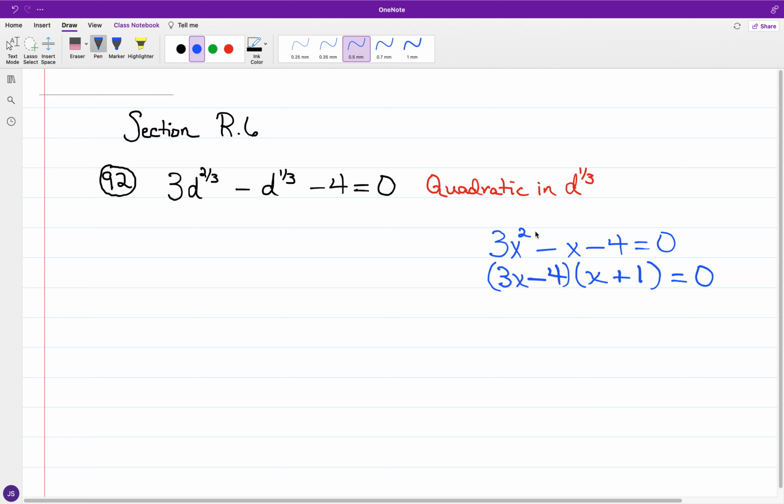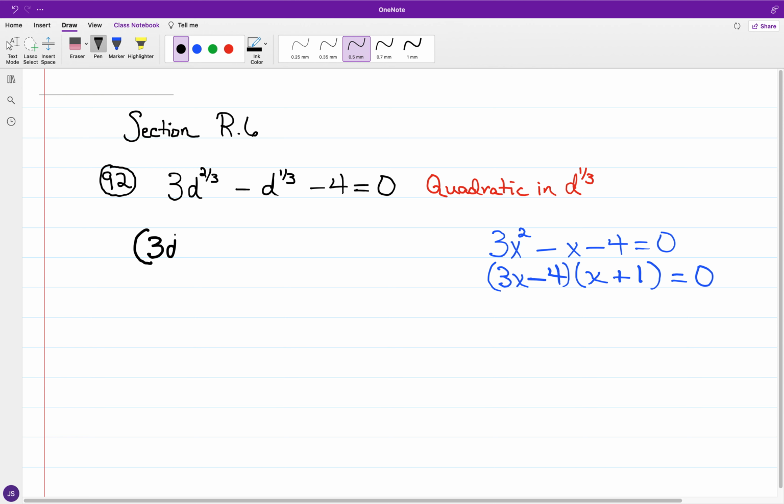Now, I'm not working with x squared and x. Instead, I'm working with d to the 2/3 and d to the 1/3. And notice we had the same coefficients with 3, negative 1, and negative 4. On a parallel note, with 3d to the 2/3, just as 3x squared goes to 3x and x, I'm going to take 3d to the 2/3 and factor out what this equation is quadratic in.